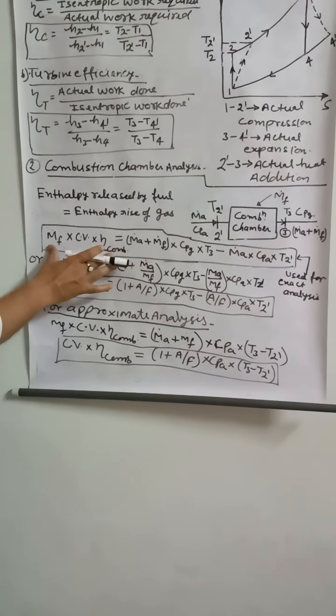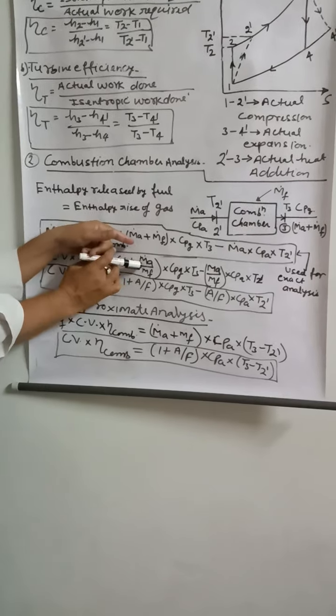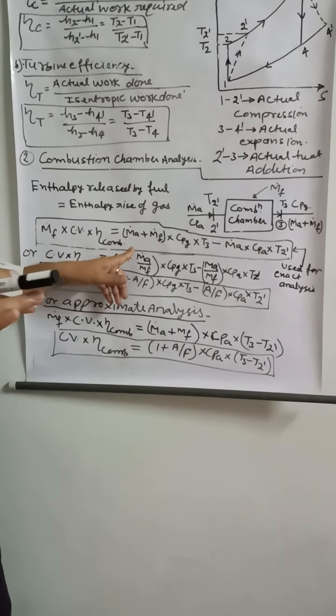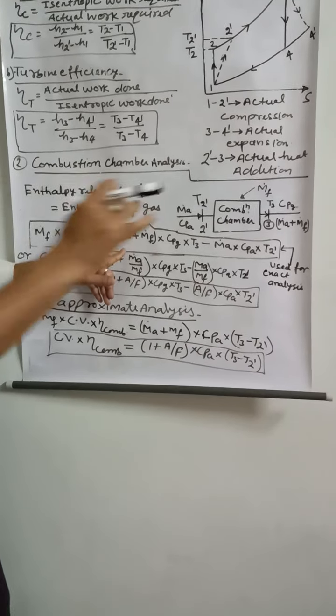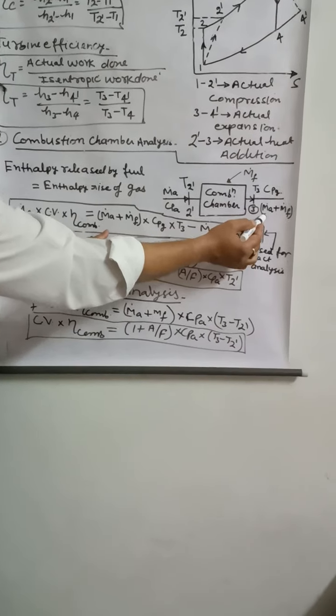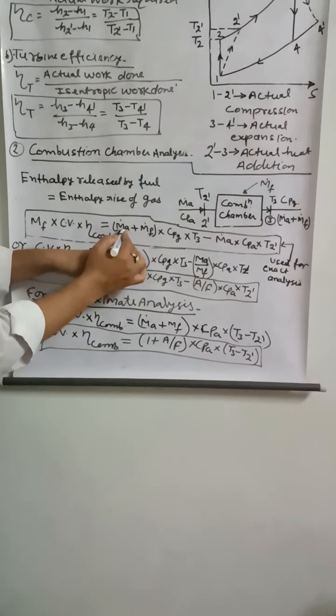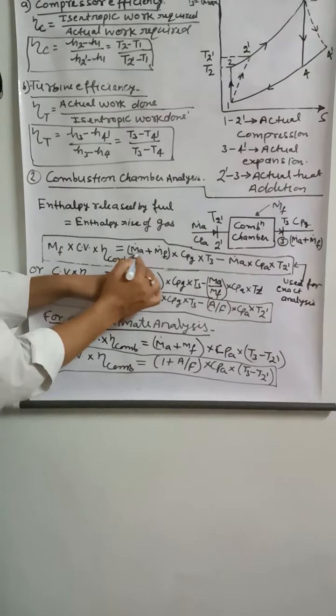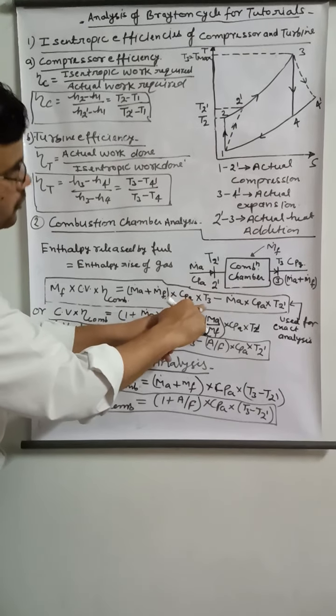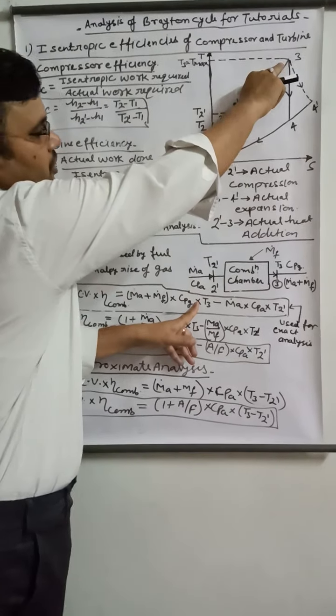Now for ideal combustion, this heat release should be equal to the rise in enthalpy of the gases, right? So now the total mass of gases, Ma plus Mf, into the specific heat at constant pressure of gases, into what is the temperature here? T3.